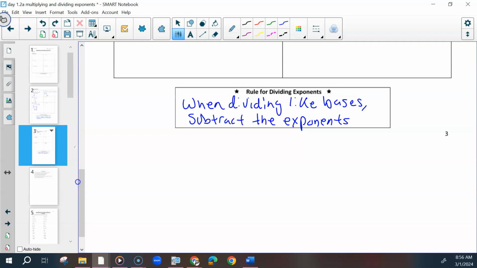When dividing like bases, subtract the exponents. And then on this page, find which ones you want to see, do go over, have questions about.